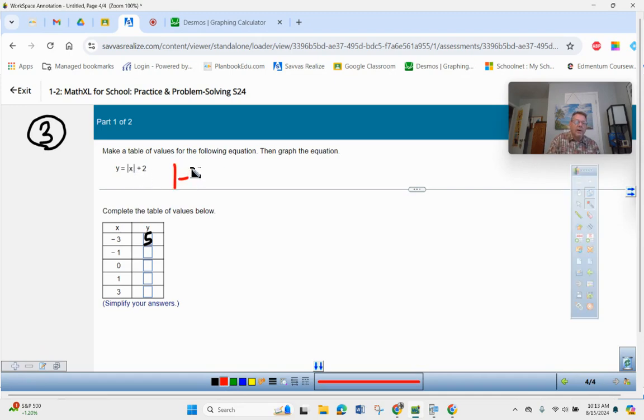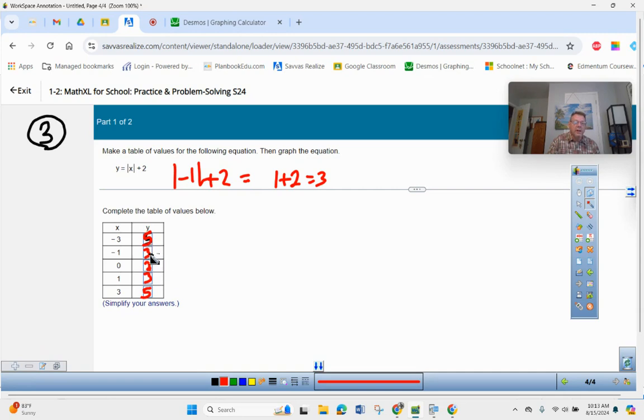That'd be the absolute value of negative 1 plus 2, which equals 1 plus 2, which is 3. So there's your 3. 0 plus 2, of course, is going to be 2. And then 1 plus 2 is 3. And 3 plus 2 is 5.